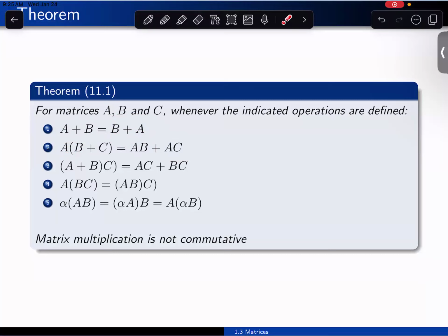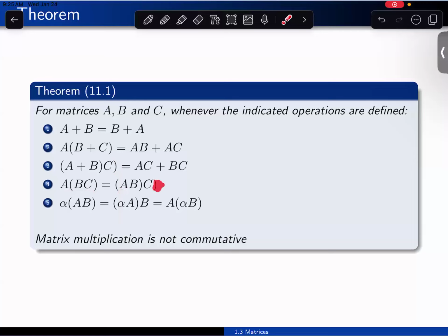And then similarly, I have an extra parentheses here. If you do A plus B times C, this is going to be A times C plus B times C. So whether it be left or right multiplication, it still distributes over the sum. Matrix multiplication is associative, meaning it doesn't matter in what order you have the parentheses.